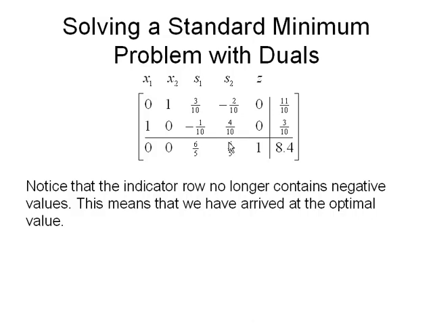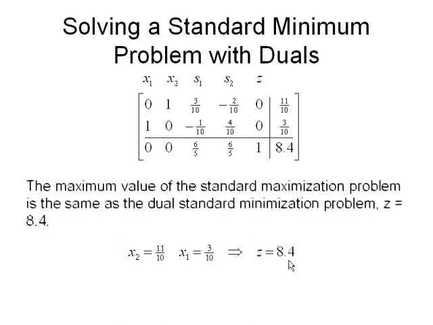We set them equal to 0, and we get x2 is 11/10 and x1 is 3/10. So here's that solution down here, and that leads to a z-value of 8.4. The maximum value of the standard maximization problem is the same as the dual standard minimization problem. In both cases, we got z equals 8.4.